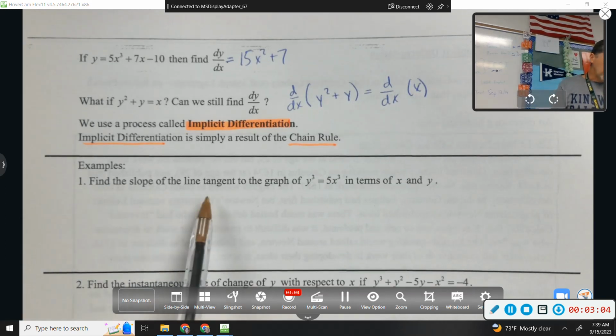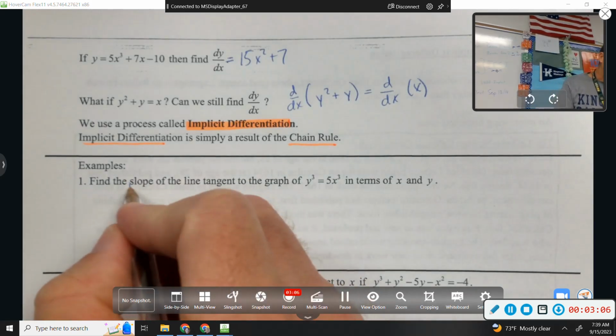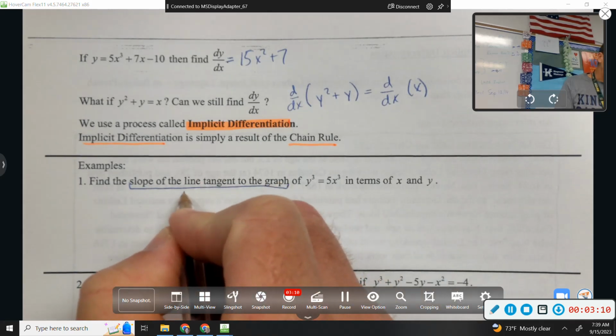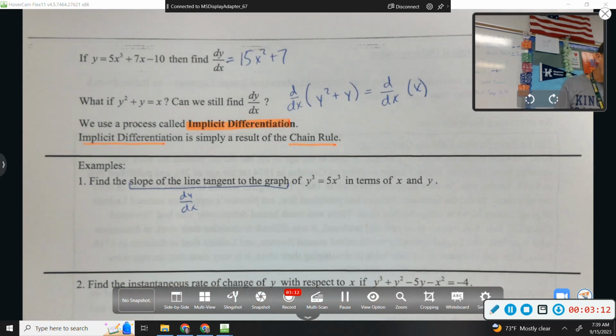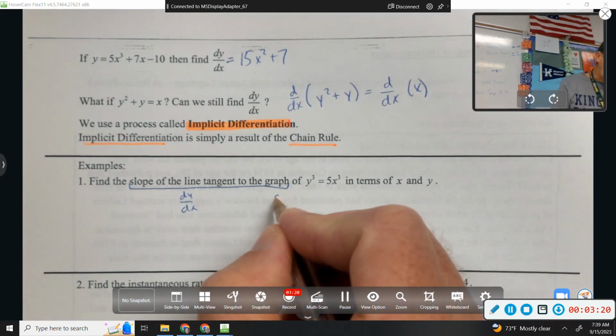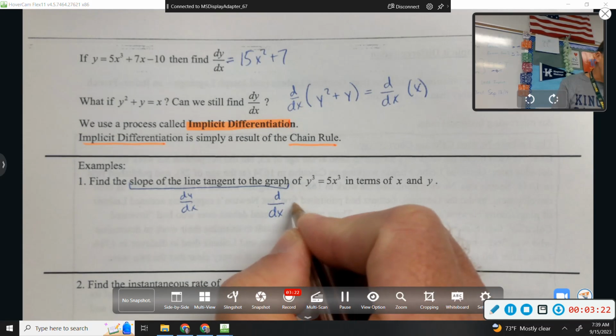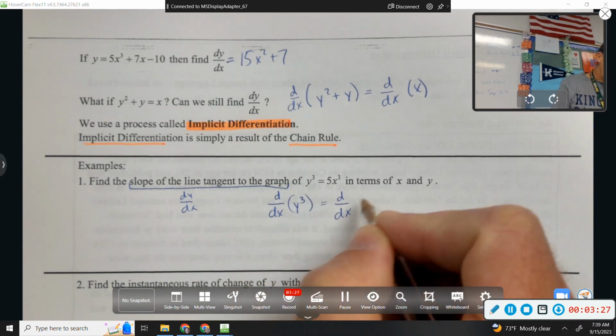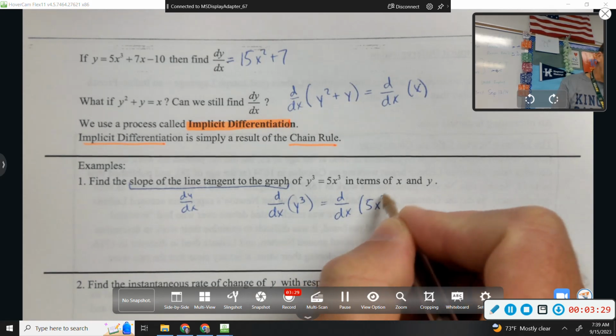All right, find the slope of the line tangent to the graph. So that means derivative, dy dx, of y cubed equals 5x cubed in terms of x and y. Okay, so I need to take the derivative of both sides. We'll slow way down here and show the step that we don't normally show because we don't really need to.